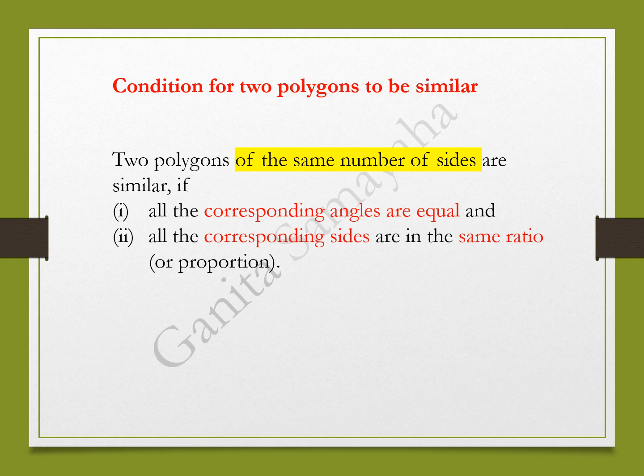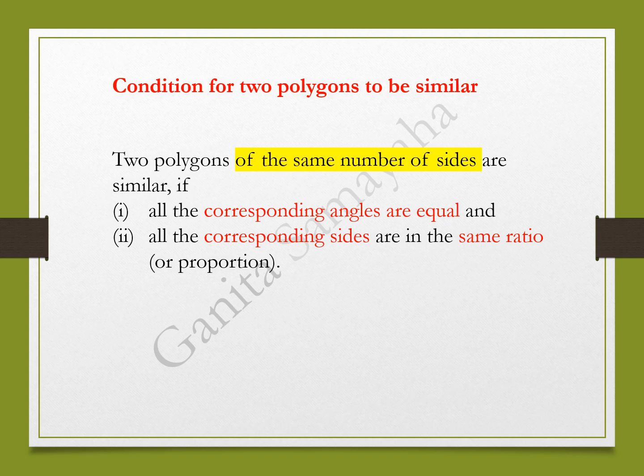Okay. So what are the conditions for two polygons to be similar? Two polygons of the same number of sides. So the same number of sides is mandatory. Otherwise, we don't compare them for similarity at all. So when we say two polygons, it is understood that they are of the same number of sides. They are similar if all the corresponding angles are equal and all the corresponding sides are in the same ratio.